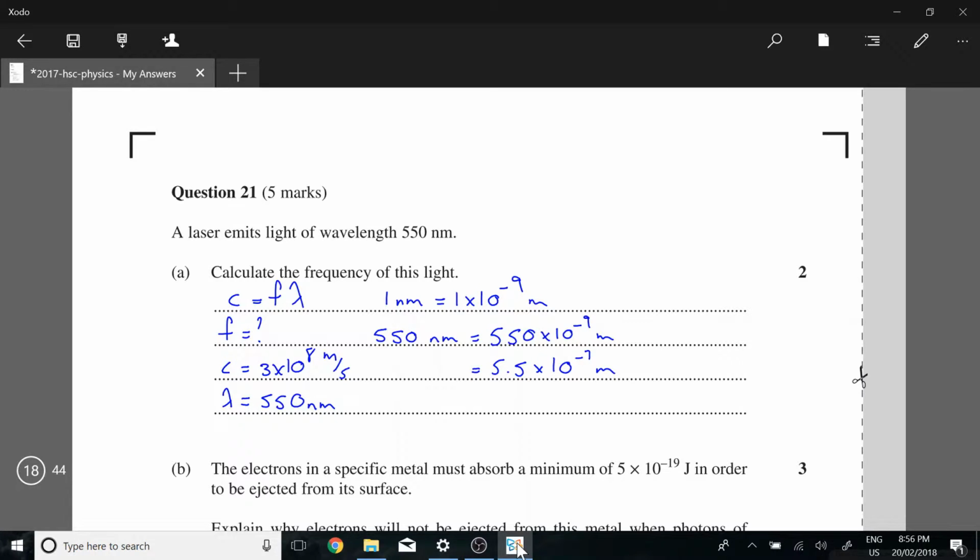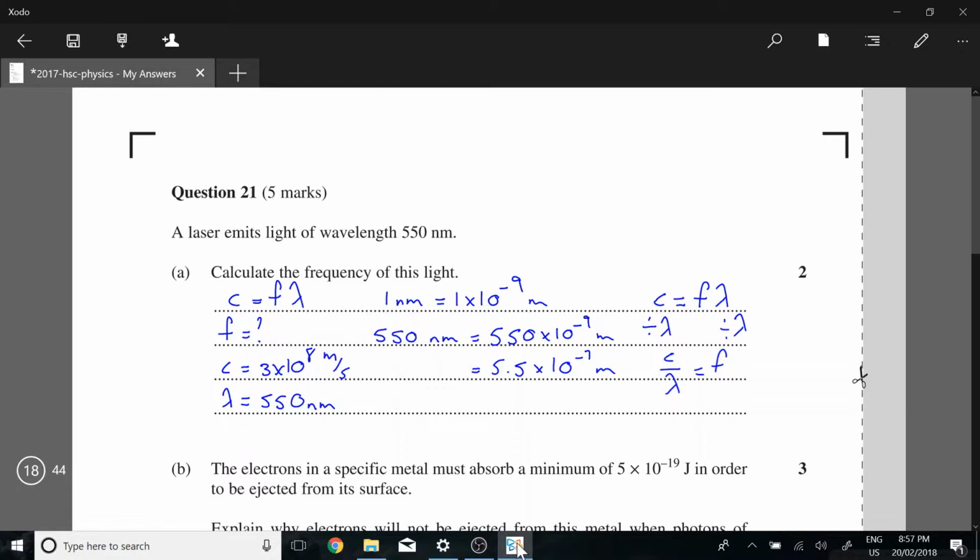The first thing I'm going to do is rearrange my equation now. So c equals frequency times wavelength. If I want to find frequency, I'm going to divide both sides by the wavelength. And that means I get c over lambda equals f.